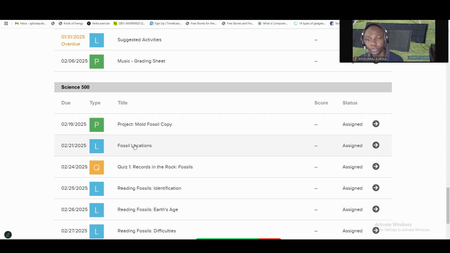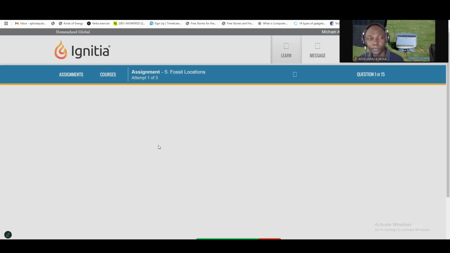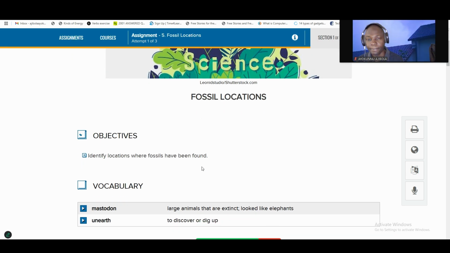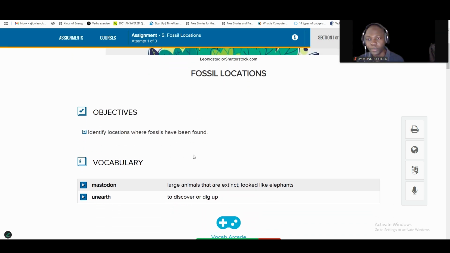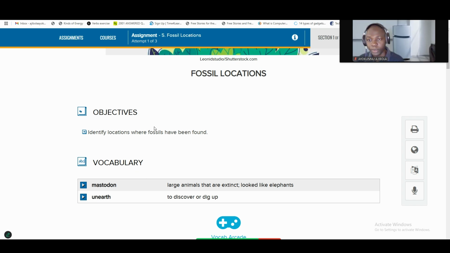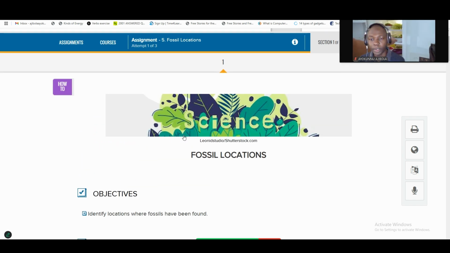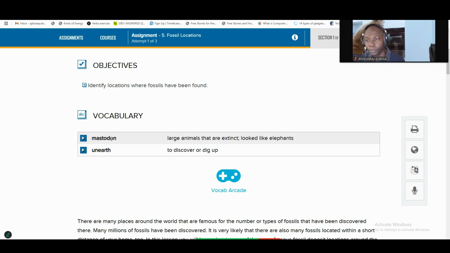Fossil locations. We're talking about fossil location. We have some vocabulary terms to identify. Mastodon: this is a large animal, or large animals, that are extinct. They don't exist today.